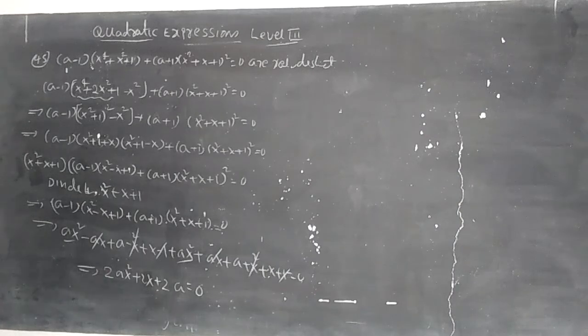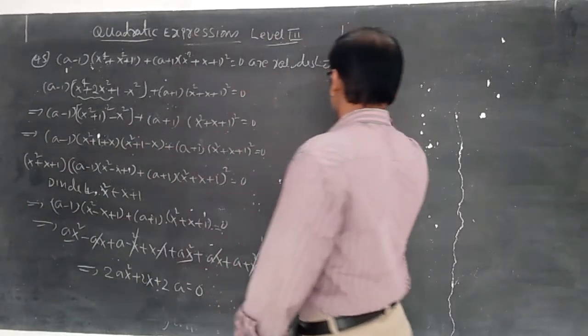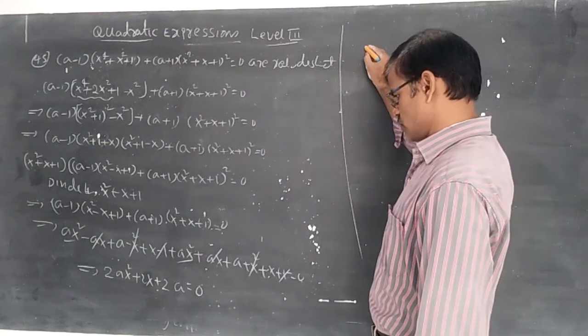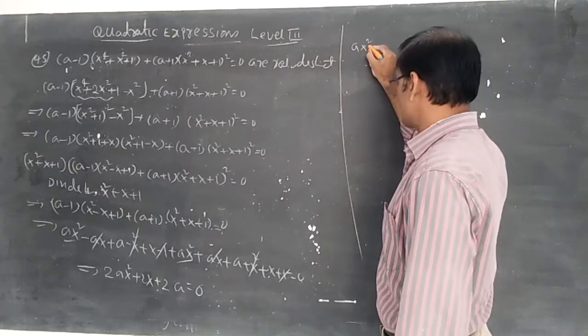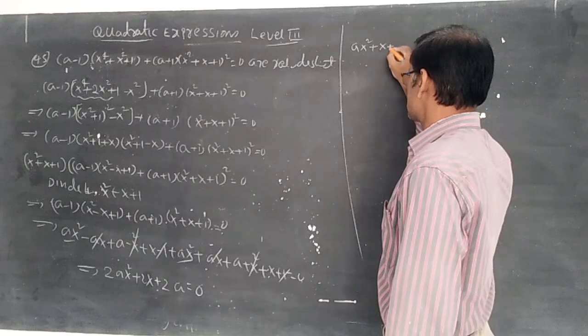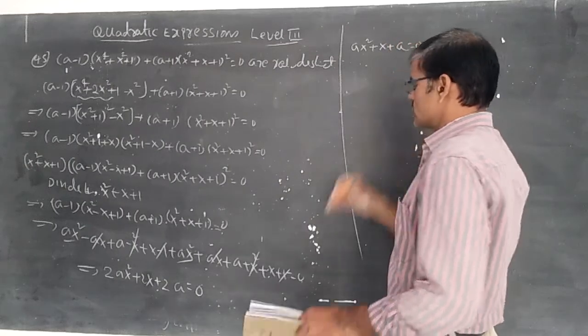Dividing by 2, we can write ax square plus x plus a equal to 0.